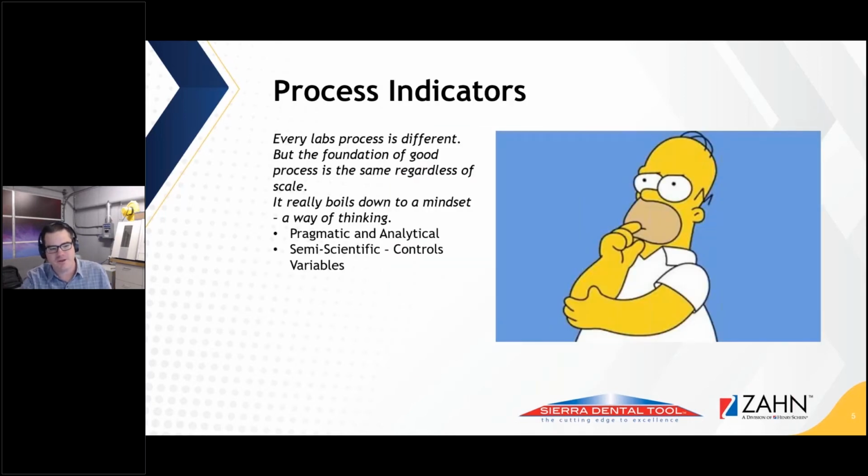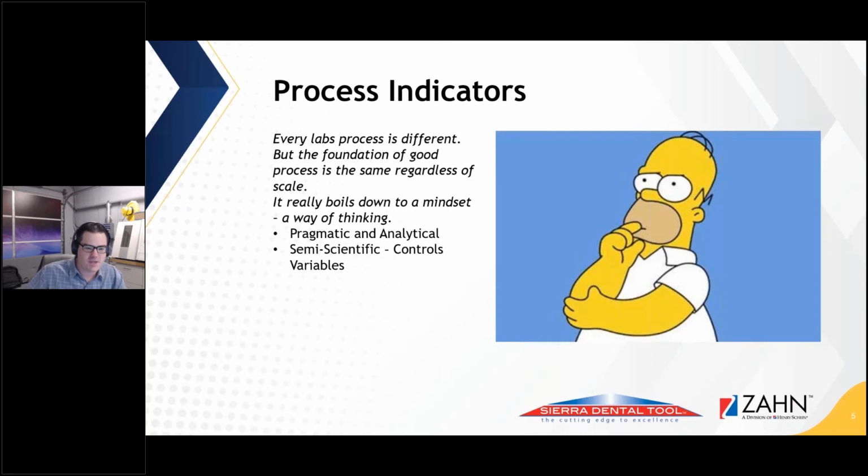The first thing that I tell labs that I'm talking to is think about your mindset. The problem is that there's not one good answer for every lab. There's not a one size fits all thing. But the largest common denominator among all labs is the mindset and how they look at their production process.